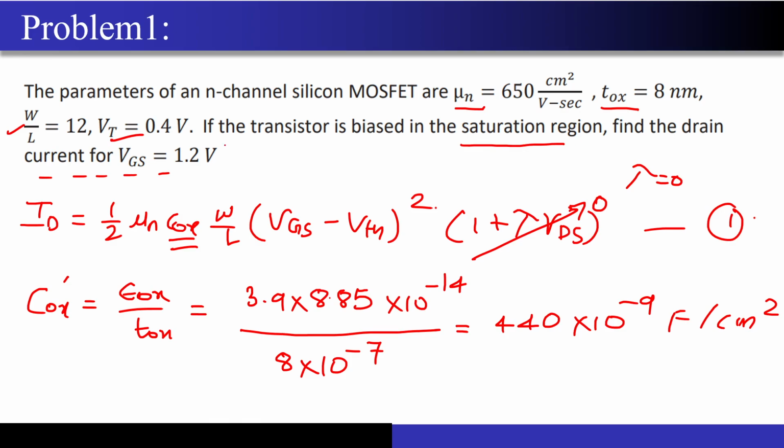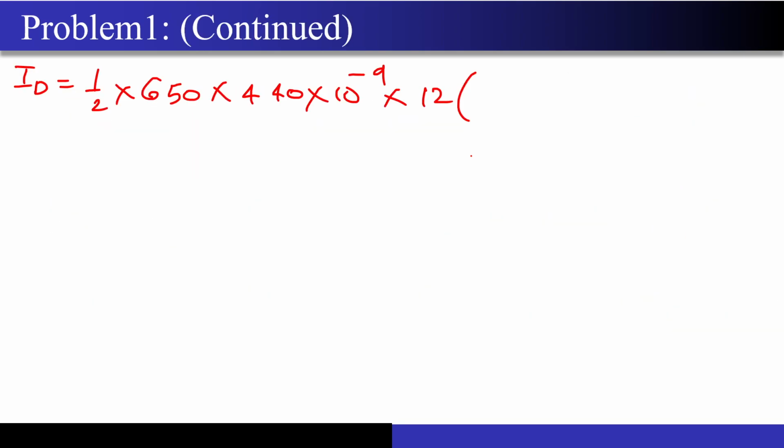VGS is 1.2 volts and VT is 0.4 volts, so VGS minus VTH is 1.2 minus 0.4, that is 0.8 volts. Substituting 0.8, we get 0.8 squared. If you calculate this, the ID value comes to approximately 1.098 milliamperes.